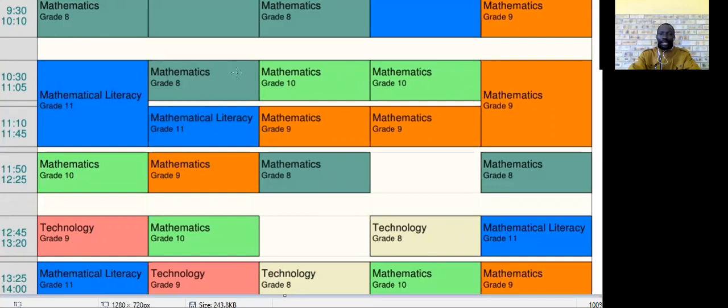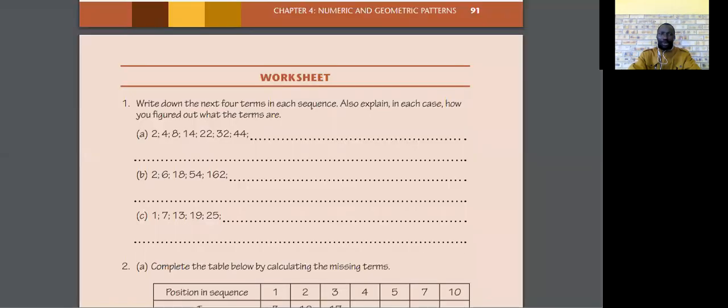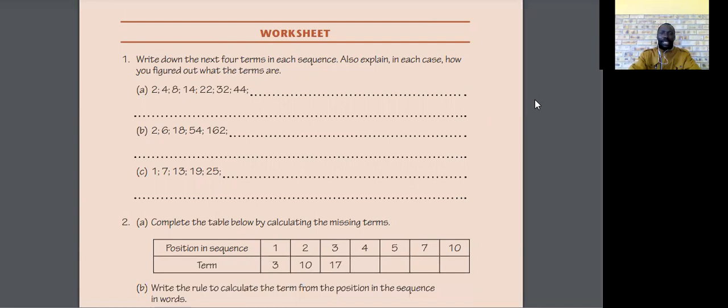So the lesson which starts at 10:30, your investigation is going to be a general investigation. No longer on triangular numbers, not on square numbers, but a general investigation. And the result of your investigation is going to be written here.